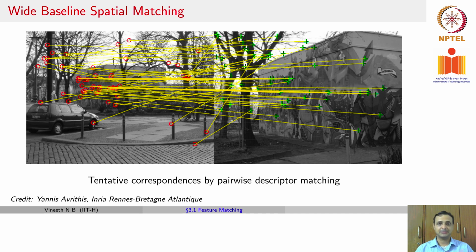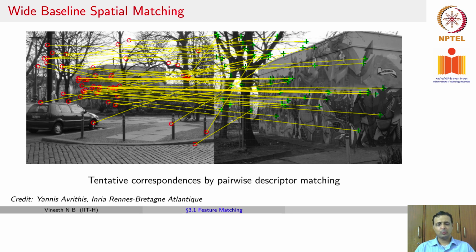So only a subset of features that were detected in the first step would actually lead to matches. Even in the first image, only a subset of features will match with the second image. Even among all the features detected in the second image, only a subset of features would match with features in the first image.